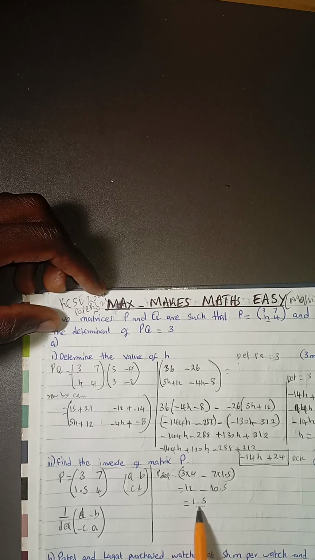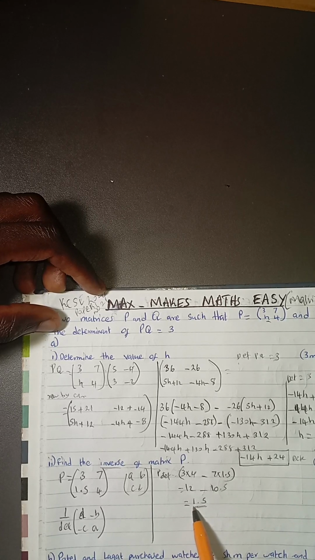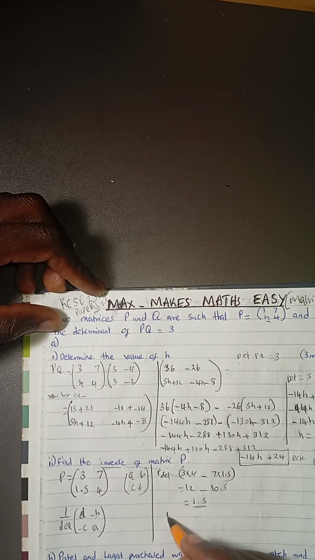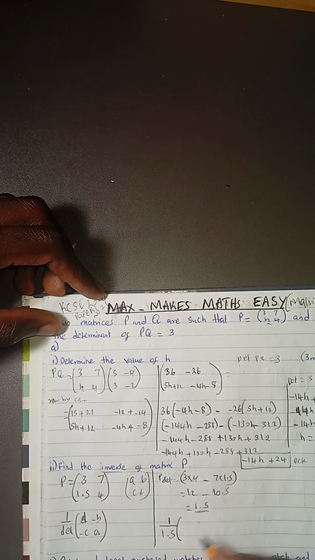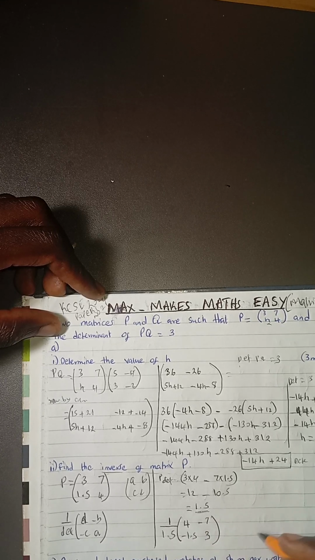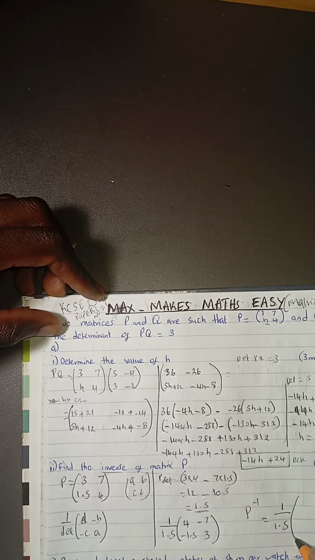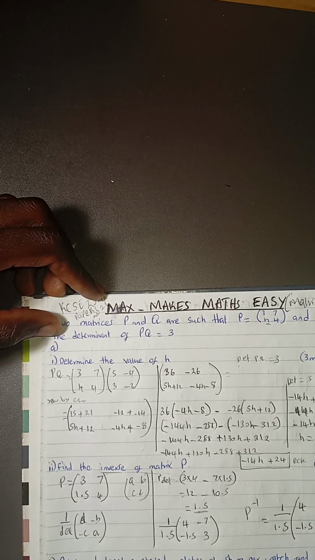You see, our determinant here is the same as the value of h. So our determinant here is 1.5. So P inverse is equal to 1 over determinant into, then we swap the 3 and 4, then we change the signs. So P inverse is equal to 1 over 1.5 into [4, -7; -1.5, 3].